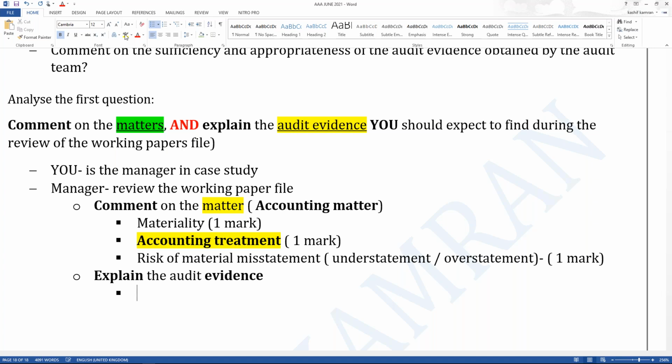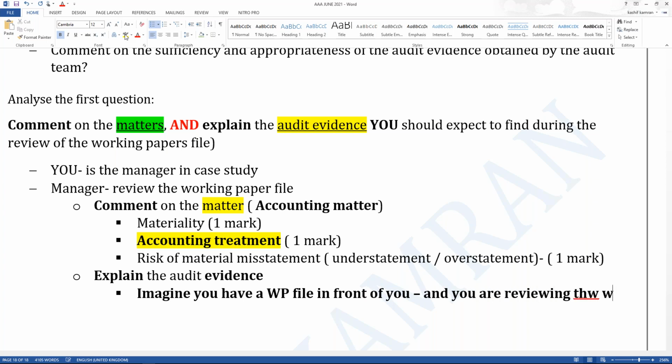Now, imagine you have a working paper file in front of you and you are conducting a review.